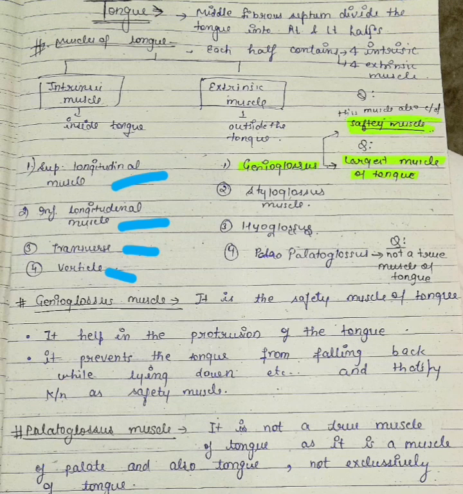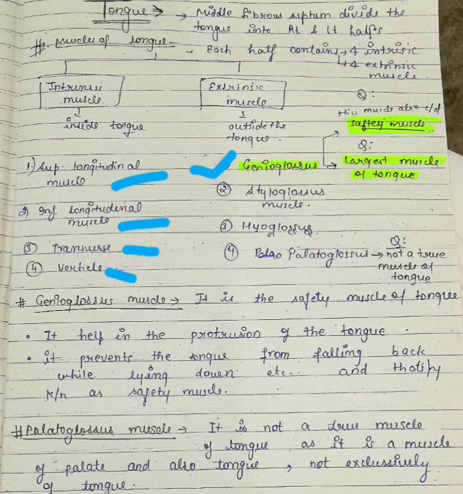The important point is this genioglossus muscle, it is also known as the safety muscle. You have to remember genioglossus muscle is also known as the safety muscle because it prevents the tongue from falling back while lying down, and that's why it is known as the safety muscle. If the tongue falls back, what will happen?